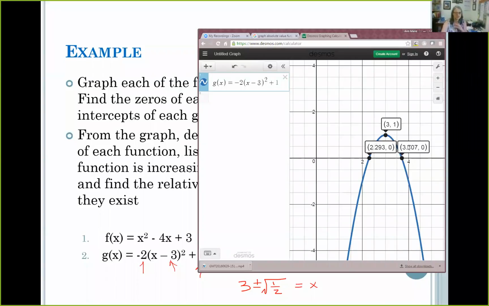So the 0.707 is the square root of 1/2. 3 plus the square root of 1/2 is about 3.707. 3 minus the square root of 1/2 is about 2.293.